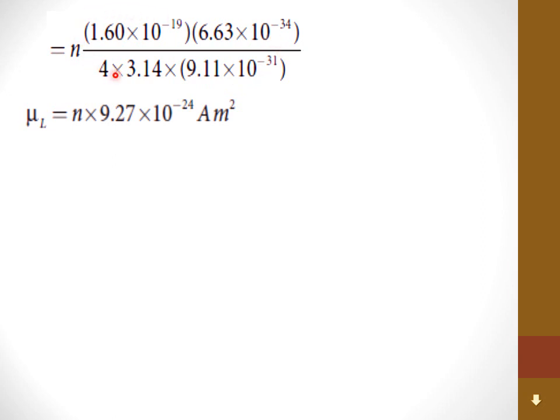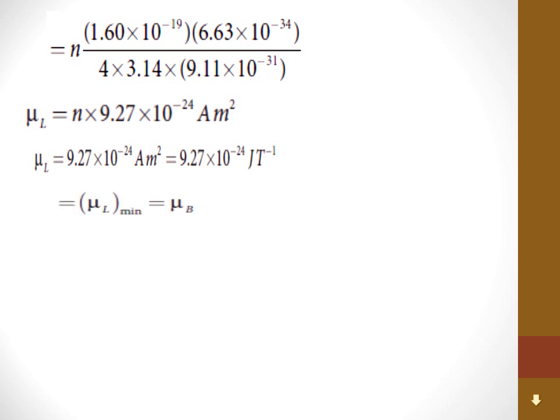While substituting all and dividing, you get mu L is equal to n into 9.27 into 10 to the power minus 24 A m square, or 9.27 into 10 to the power minus 24 joule per Tesla.